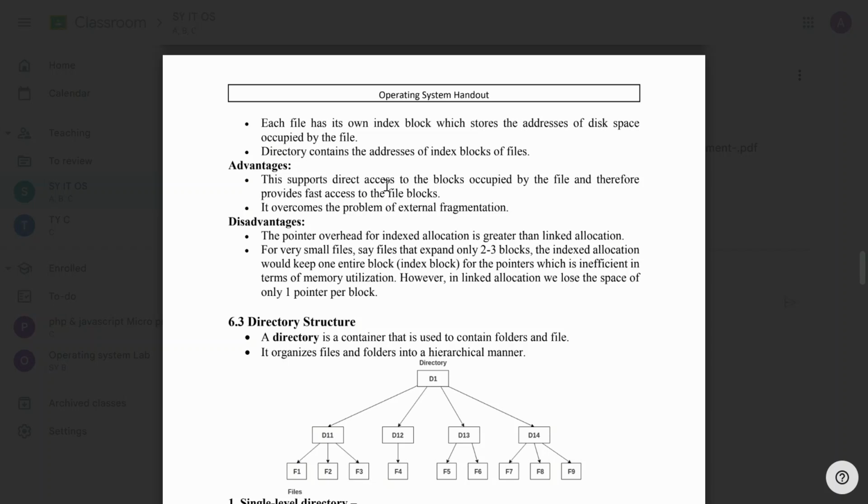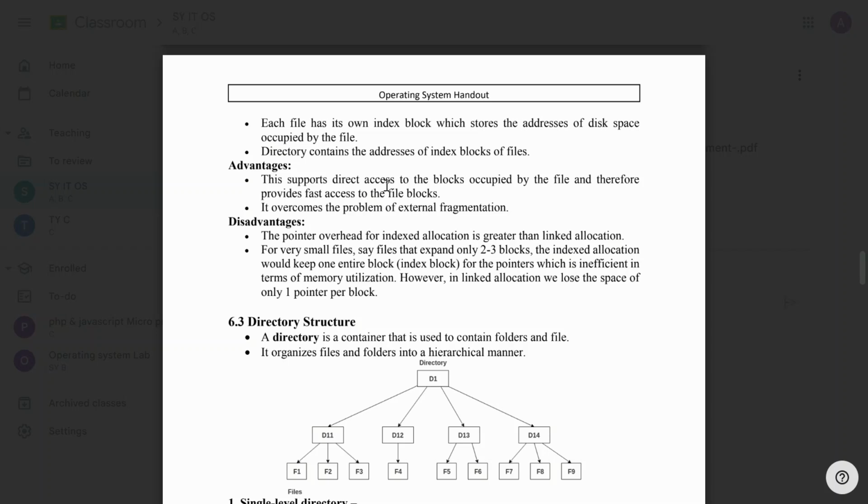Now, each file has its own index block which stores the address of disk space occupied by the file. Directory contains the addresses of index blocks of files, that we have seen on the diagram just now. Now, what are the advantages of this particular file space allocation method?